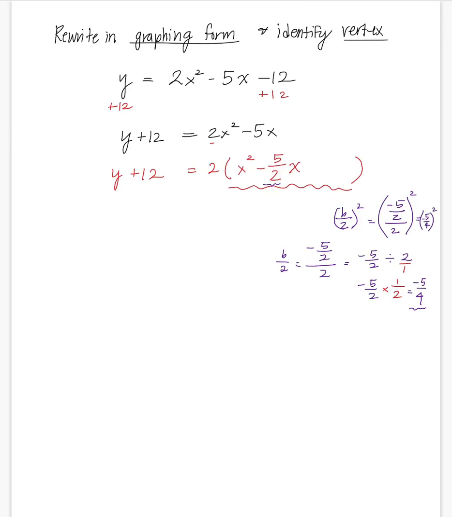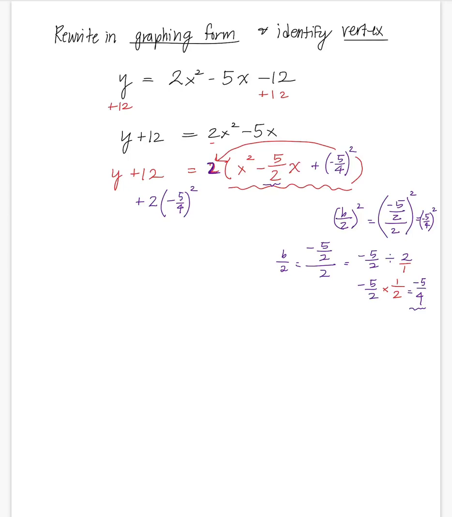Okay, so then we add -5 over 4 squared to both sides of the equation. But wait a minute, we have a 2 factored out, right? So on the right hand side, it's actually going to be 2 times the -5 over 4 squared. That's the key that you have to remember. Whatever you add, you have to multiply by the number factored out on the other side.